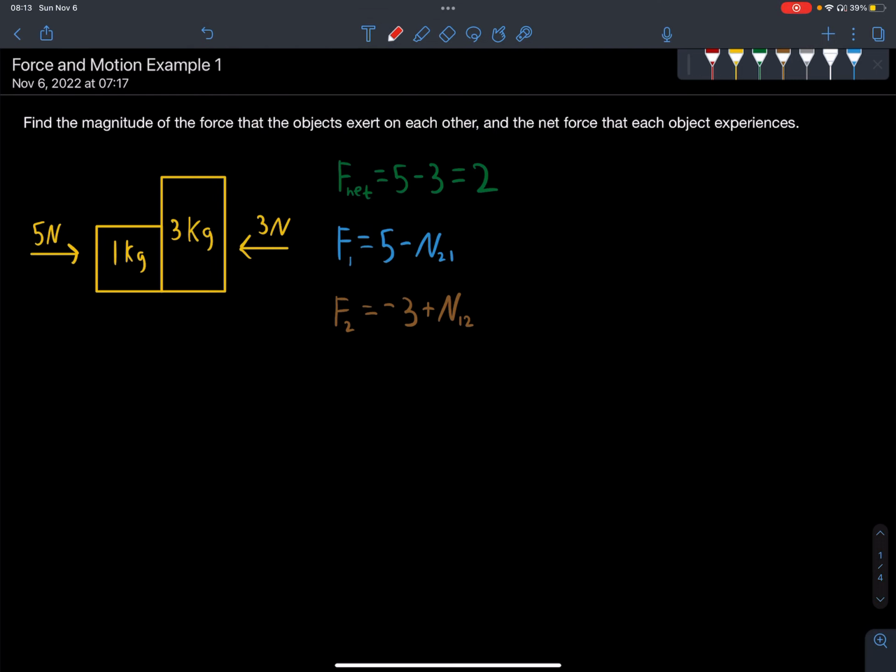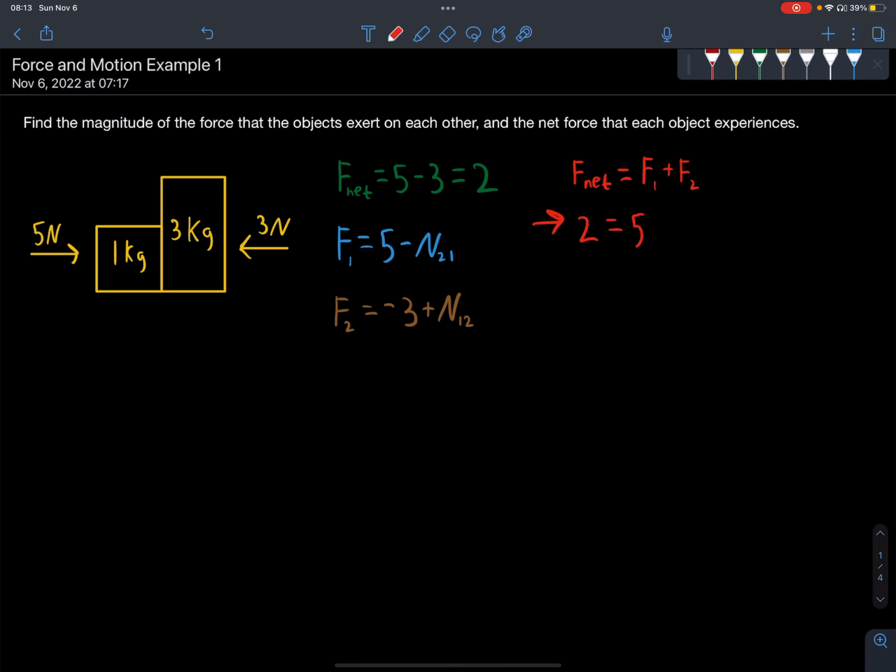So we know that F net is equivalent to the forces on 1 plus all the forces on 2. And if we make the substitution, we know that F net is 2. So 2 equals, what are the forces on 1? Well, all the forces on object 1 are right here.